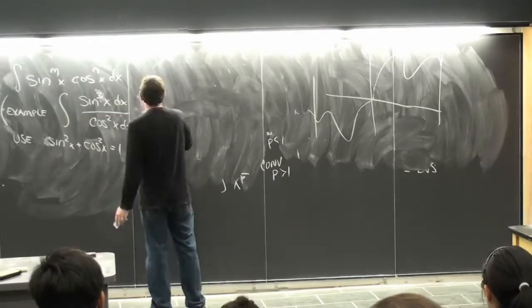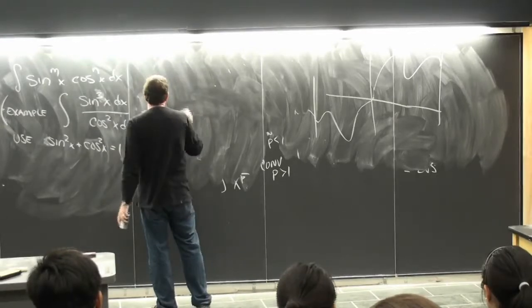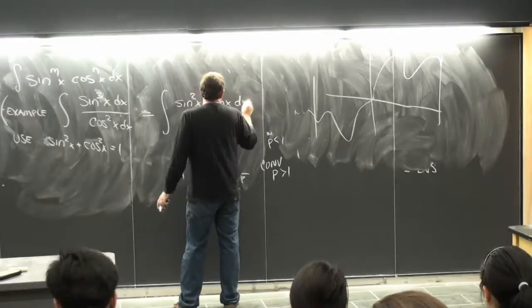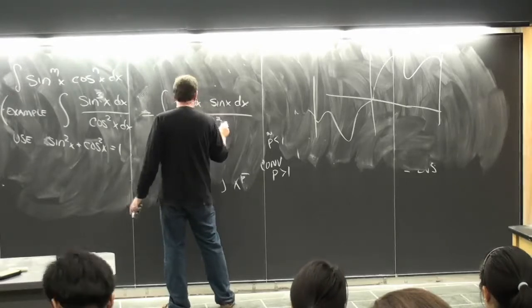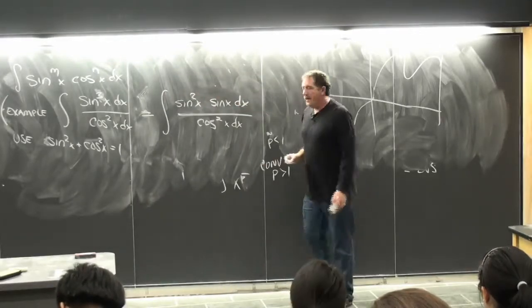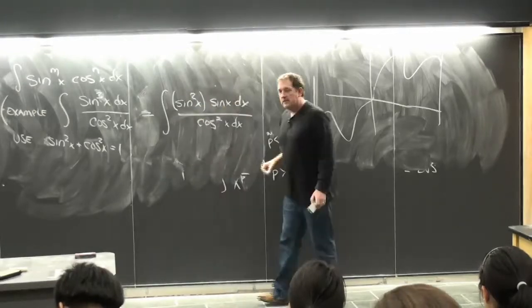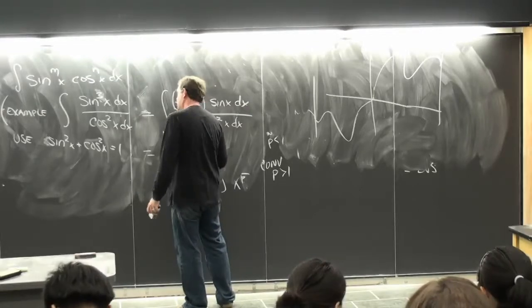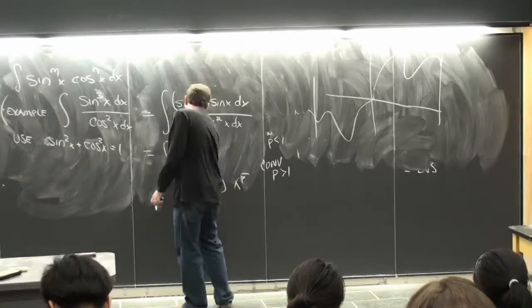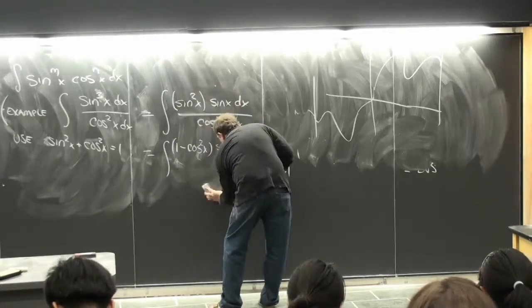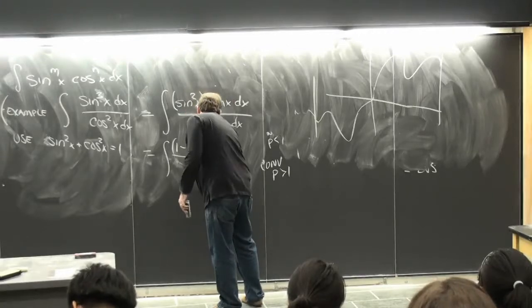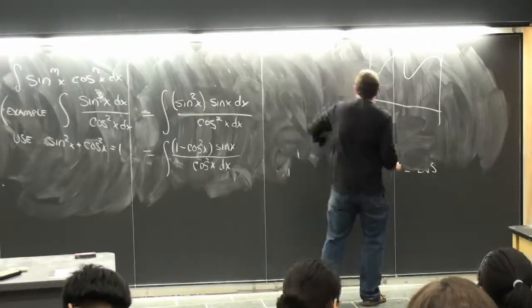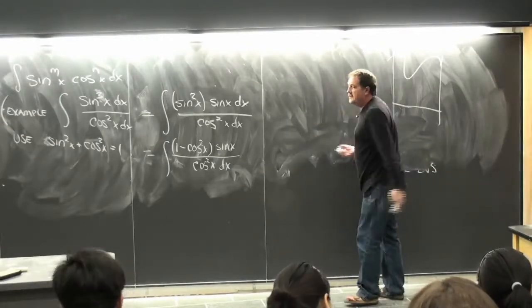So this is, peel away 2 of those sines, and now I'm going to turn this guy into cosine. And now, it's an easy substitution.